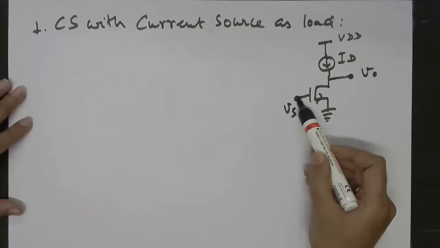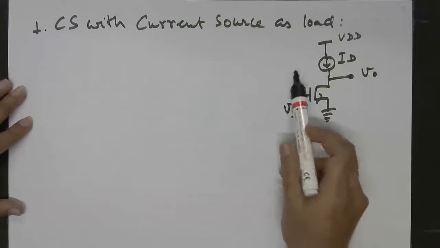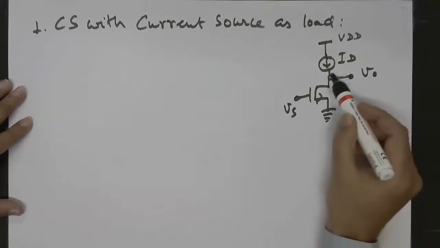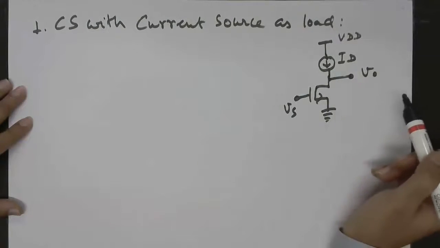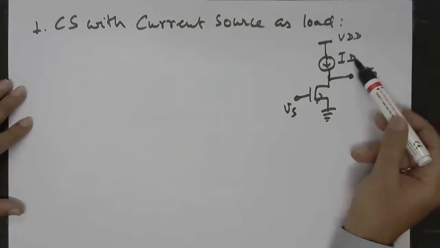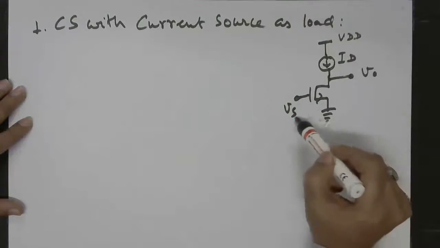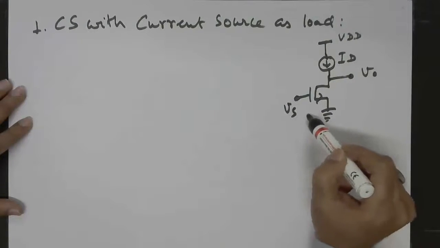Again there is a DC at the gate which we are not showing, that will be ensured by some other circuitry, and in this case of course there will also be a DC current. This ID will be dictated by the DC voltage at the gate.